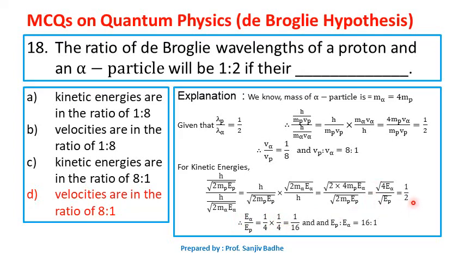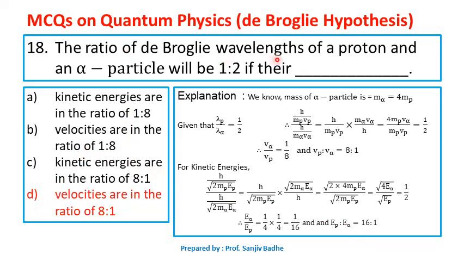So we are taking square, so this 2 will become 4 here, 2 square, and this 4 comes on the other side. So E alpha upon Ep is 1 upon 16, and therefore the ratio of kinetic energies of proton and alpha particle comes out to be Ep is to E alpha as 16 is to 1, but this 16 is to 1 is not given in any of the options for kinetic energy, and therefore there is only one answer in this problem.